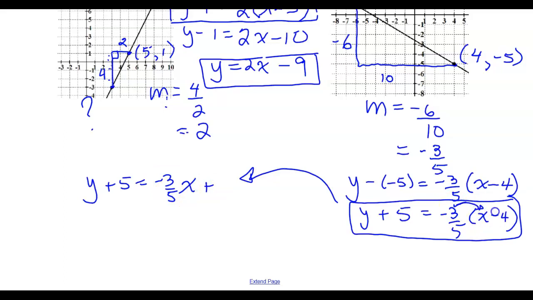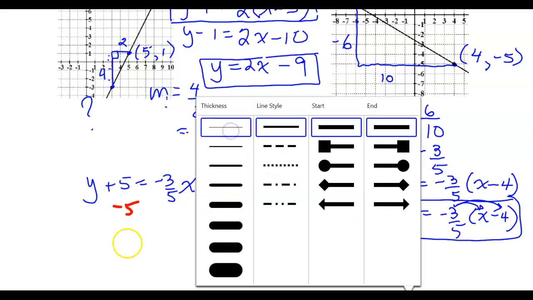So that's going to be negative 3/5 x plus 12/5. Subtract 5 from both sides.